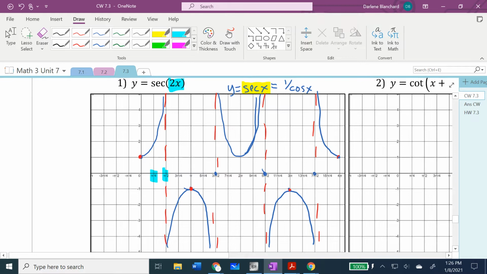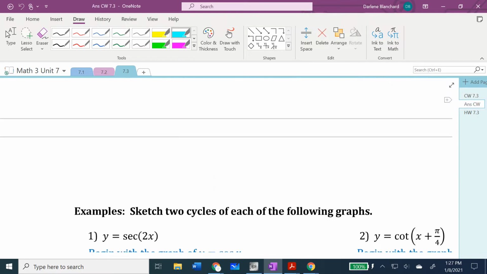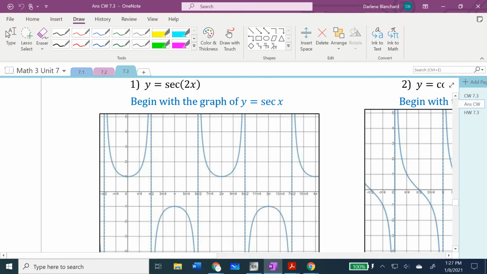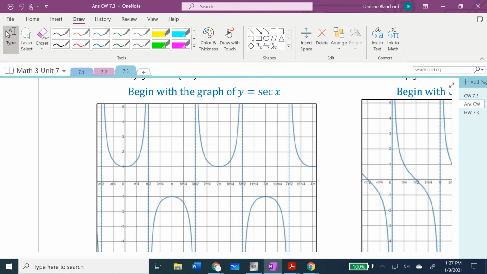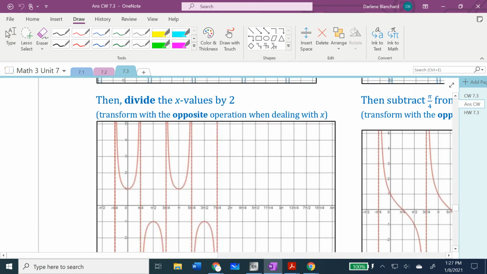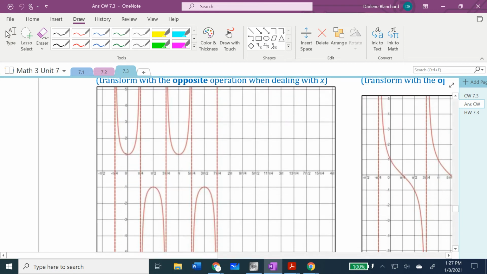And that is where that asymptote has been squished. And for the sake of me not drawing over itself, here's the graph of secant, and then dividing those x values by 2 would look like this. So it just squishes it. And that's 2 cycles worth.